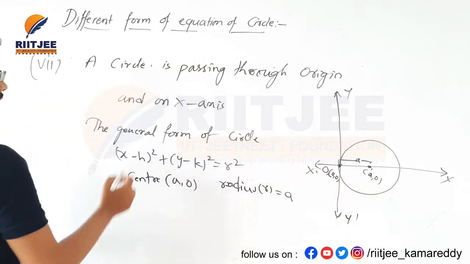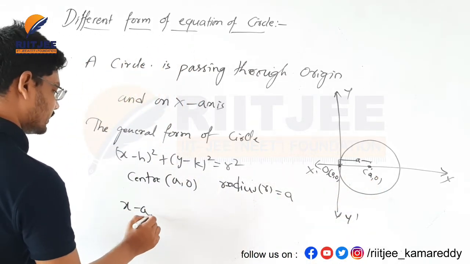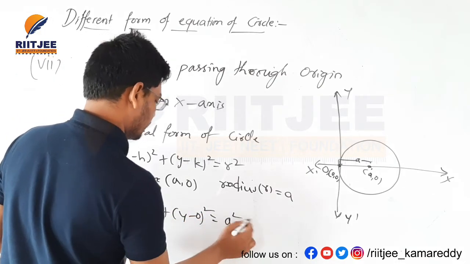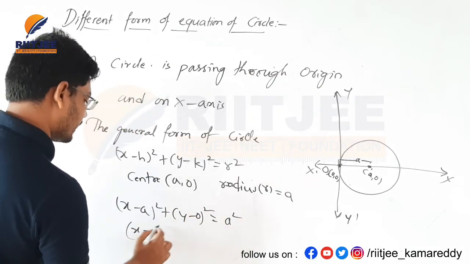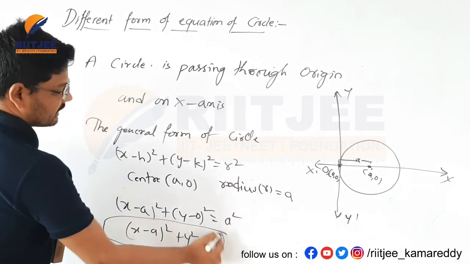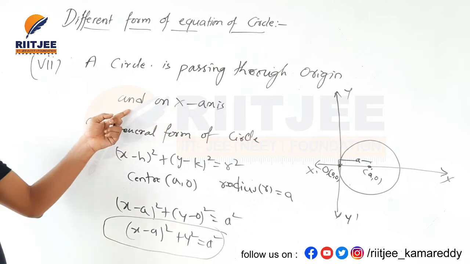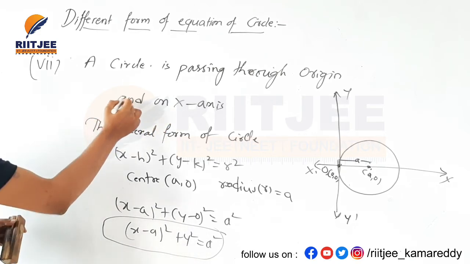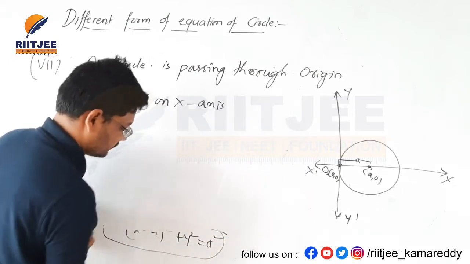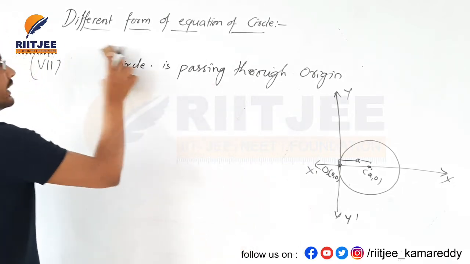So if you substitute the values, x minus a whole square plus y minus 0 whole square is equal to a square. X minus a whole square plus y square is equal to a square. This is the equation of a circle passing through origin and on x axis.